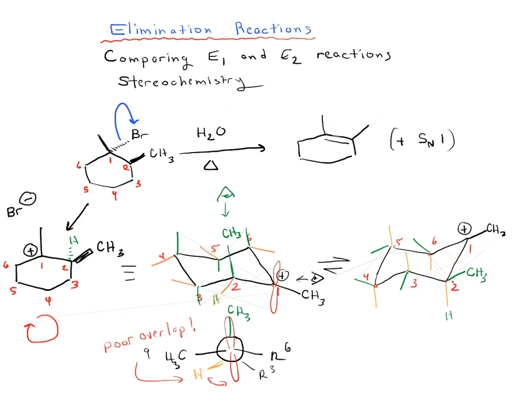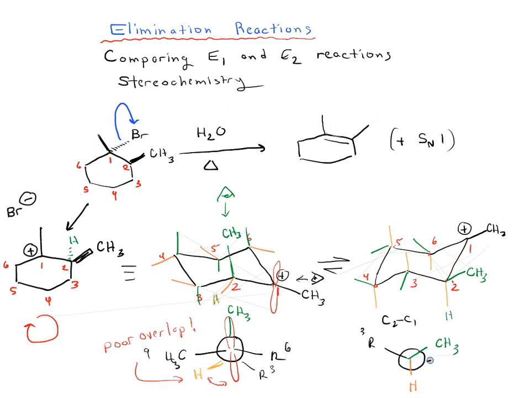Now if we look at the Newman projection along C2 to C1, it would look like this. The hydrogen would be at 6 o'clock. This would be our orange hydrogen. And we'd have our CH3 pointing off to about 2 o'clock. We'd have our R group, which is C3, over here.